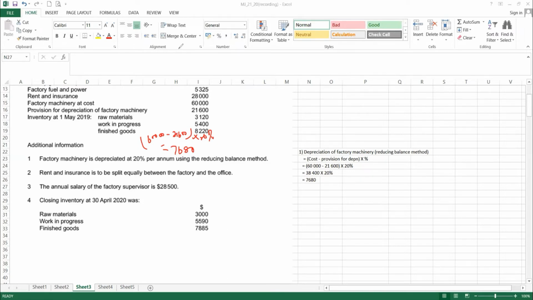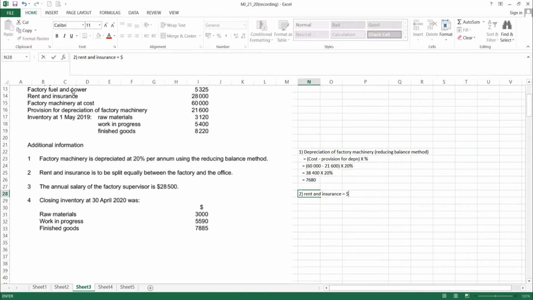Okay, the next one. Rent and insurance to be split equally between the factory and the office. That means number 2 information, rent and insurance. The total amount in the trial balance is 28,000. This is split equally between factory and office.